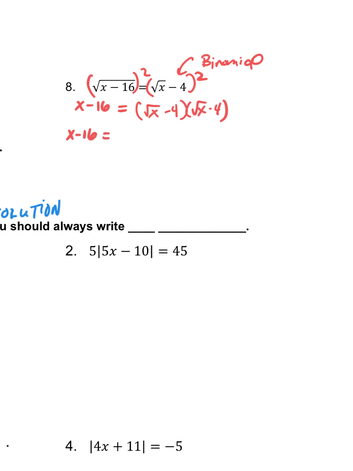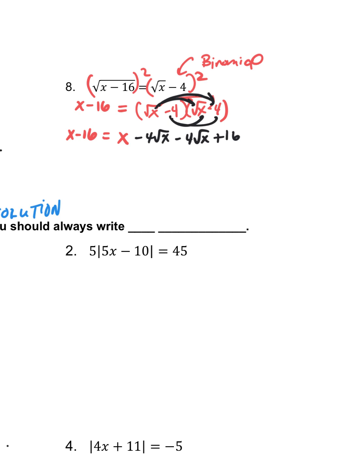So square root of x times square root of x is just x. So that's those two. Then I'm going to do these two. Let me do a different color so you can see. So I did these two first, and I'm going to do these two next. So that's just minus 4 times the square root of x. These two in the middle, minus 4, your inside, you like to say, and then the outside. Negative 4 times a negative 4 is a positive 16.